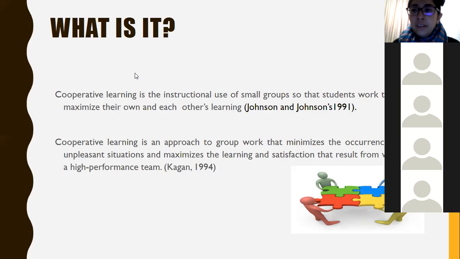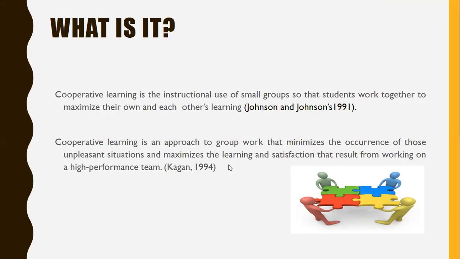Here you have the definition of the cooperative learning methodology. It is the instructional use of small groups so that students work together to maximize their own and each other's learning. This is a definition given by Johnson & Johnson in 1991. And here you have another one: cooperative learning is an approach to group work that maximizes the learning and satisfaction that result from working on a high performance team.